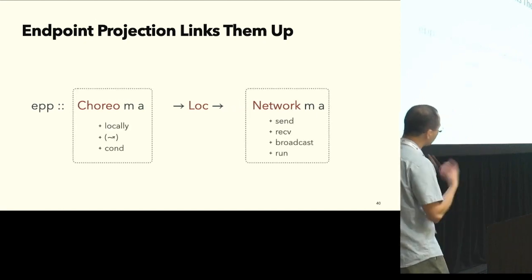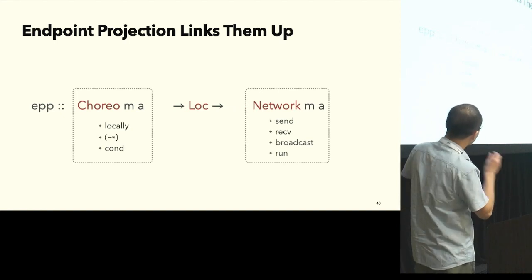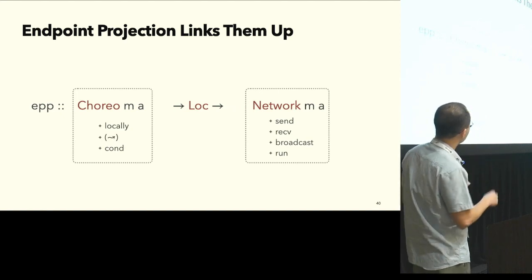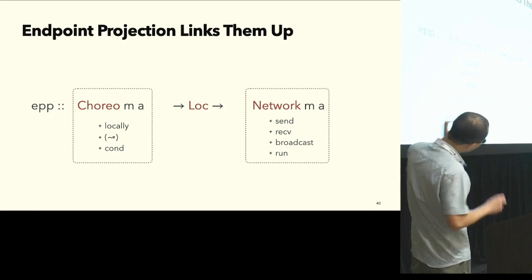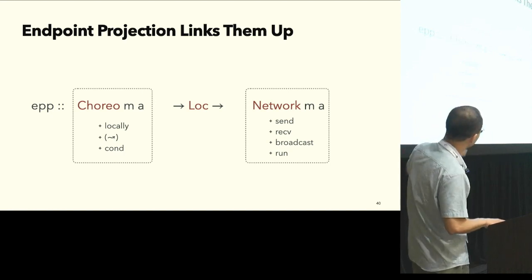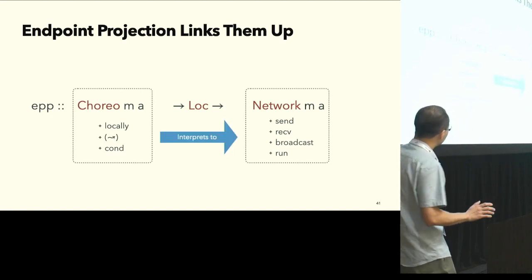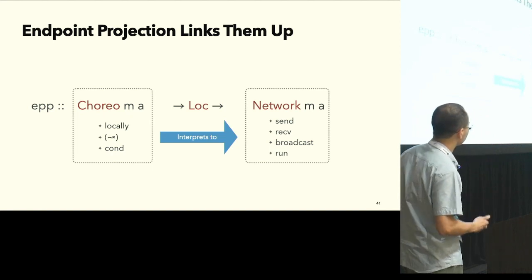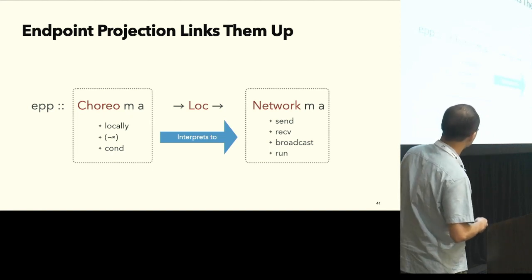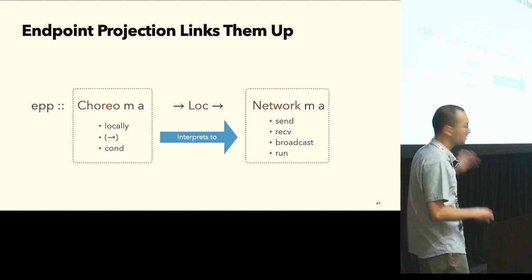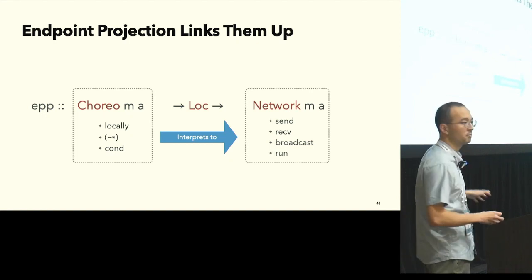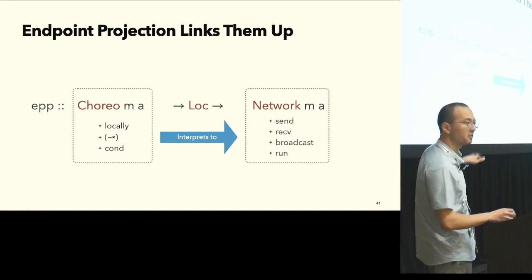And like we discussed before, the Choreo and the Network monads are nothing more than computations with these 7 effects. So in a sense, we can think of endpoint projection as interpreting the 3 effects in the Choreo monad in terms of the 4 effects in the Network monad based on the target location.